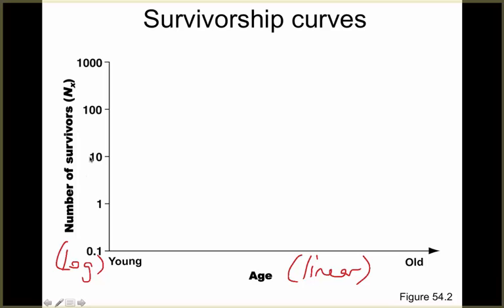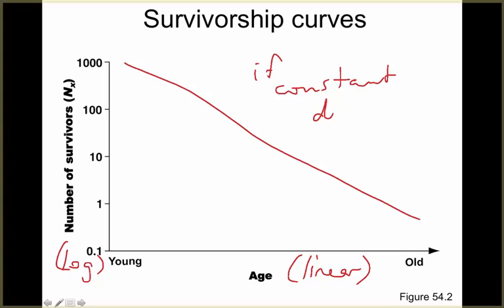Now the purpose of switching to a logarithmic scale like this is simply that this then causes a straight line if there is a constant death rate for any given age.